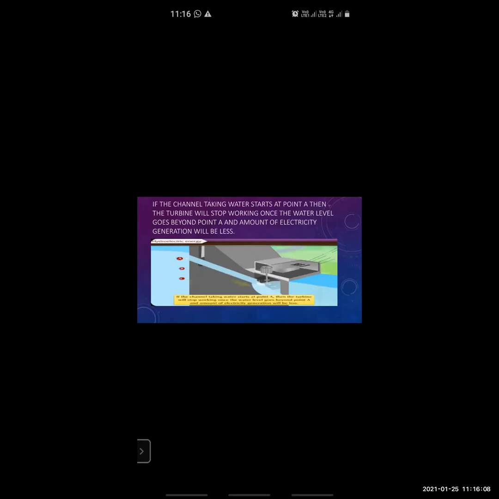So let's see. What will be the effect on electricity generation if the channel taking water to the turbine starts at point A? If we start the water from point A, what will happen? If the channel taking water starts at point A, then the turbine will stop once the water level goes beyond point A, and the amount of electricity generation will be less.